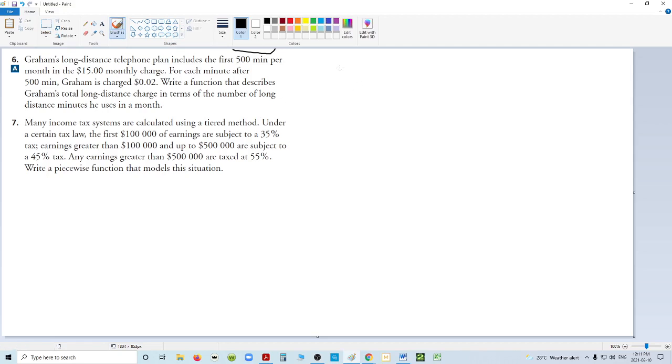Write a function that describes Graham's total distance charges in the number of distance minutes he uses. So you just start with y, or if you want f of x, or if you want cost based on minutes, C of m, is when x is between 0 and smaller or equal to 500 minutes.